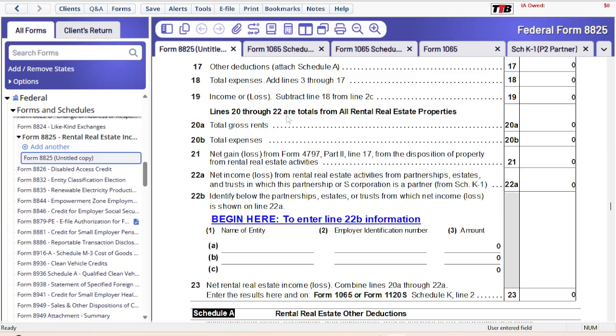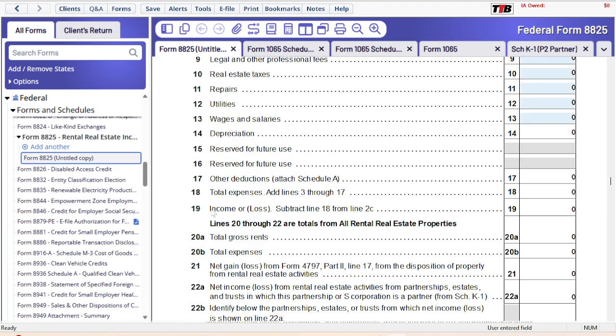Line 20 through line 22 are totals from all rental real estate properties. So if you have total rent from all the properties and total expenses from all the properties, like line 2C and line 18, you total them and put it on line 20 and line 22, line 20B.